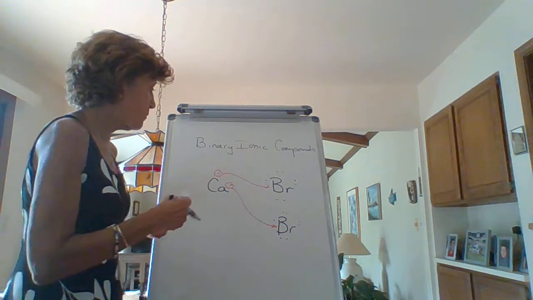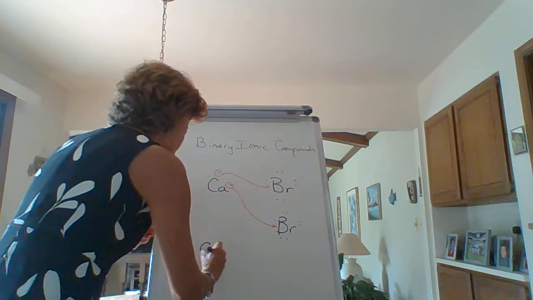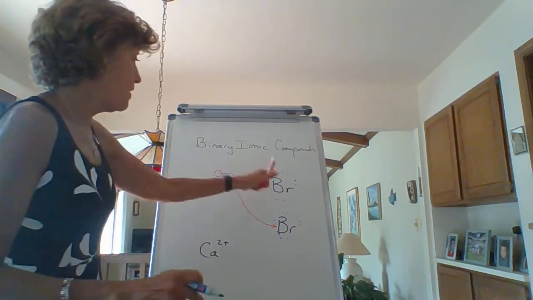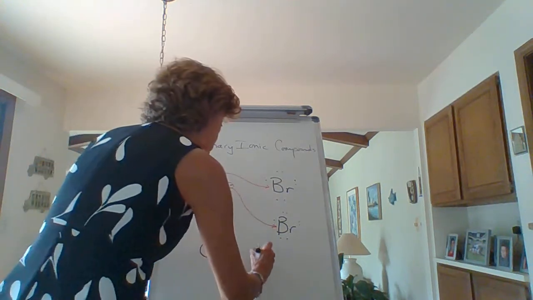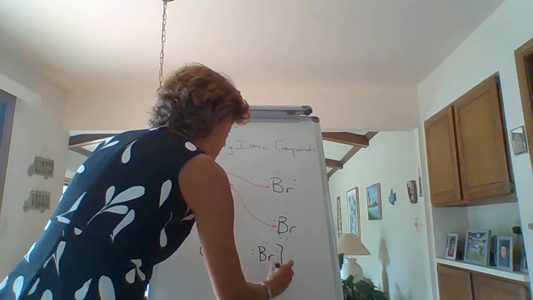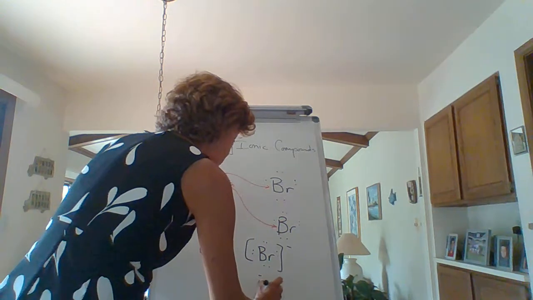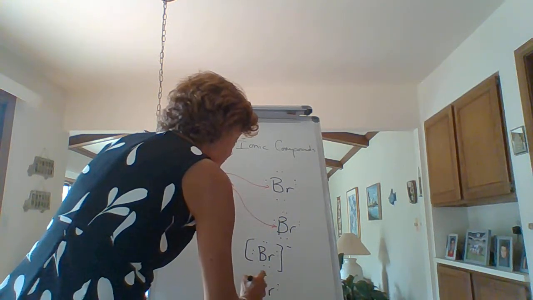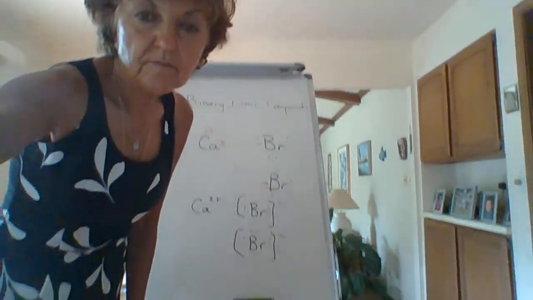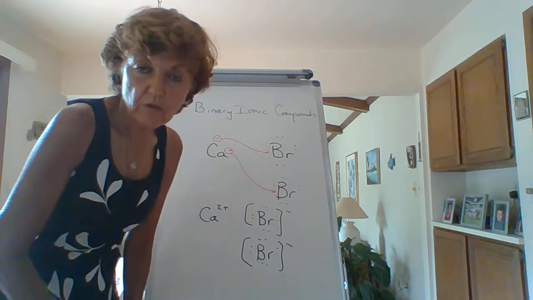So what do you end up with? When the calcium lost both of its electrons, it became Ca2+. And then each one of these bromines is now a bromide ion with a -1 charge, and then another bromide ion with a -1 charge. We don't ever show this.